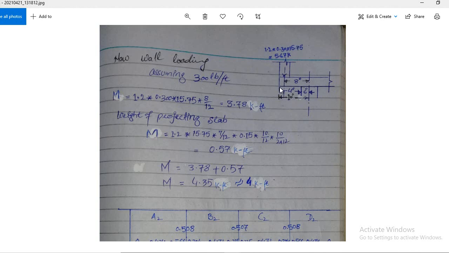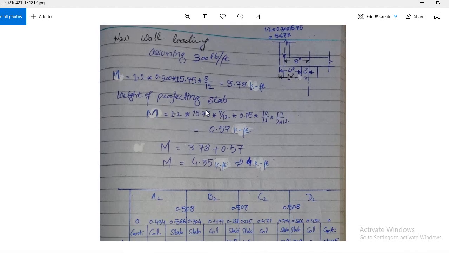Now as you see this slab portion, it will also cause a moment right here. So we have to find the moment of this cantilever slab as well. And how to find it? You see the calculation for that slab portion. 1.2 is the factor, 15.75 is the length of the slab, and 7 inches is the thickness of the slab portion, divided by 12, times the density.